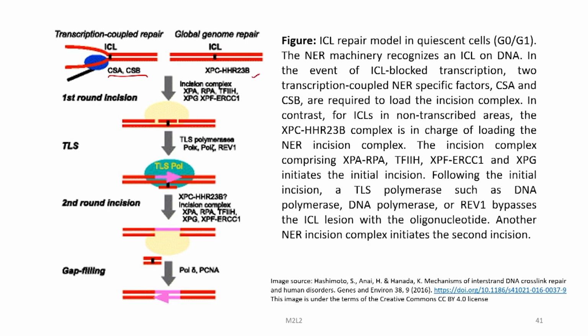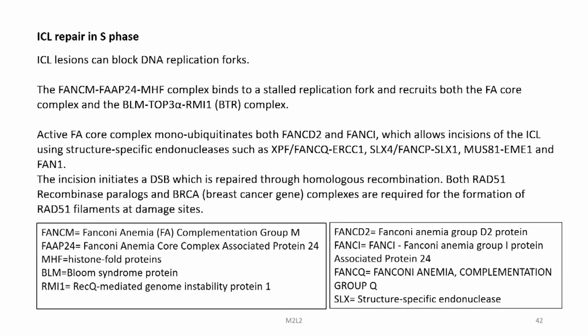The incision complex comprising XPA, RPA, TFIIH, XPF, ERCC1 and XPG initiates the initial incision. Following the initial incision, a TLS polymerase such as DNA polymerase or REV1 bypasses the ICL lesion with the oligonucleotide. Another NER incision complex initiates the second incision.